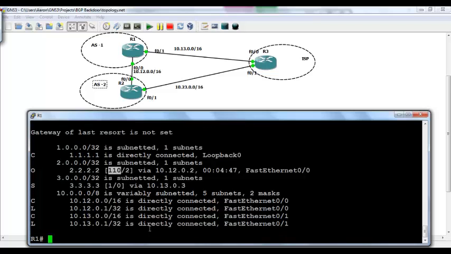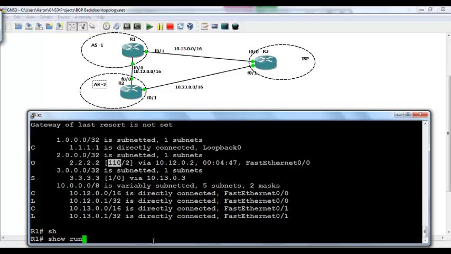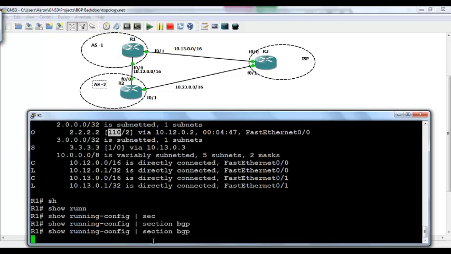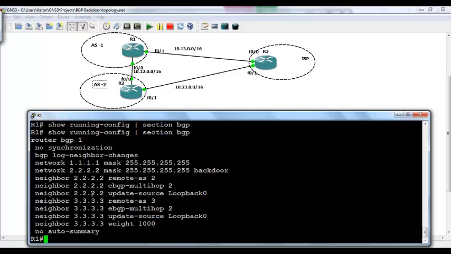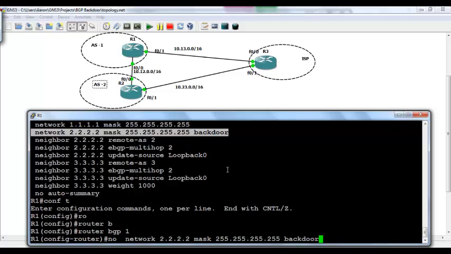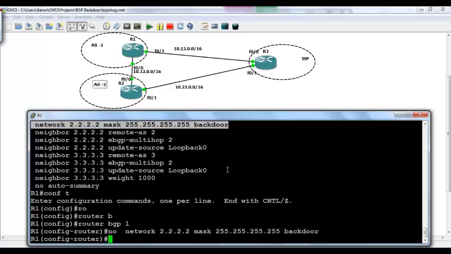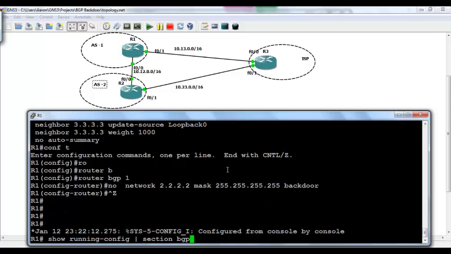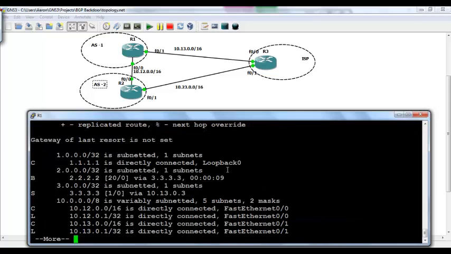I would like to show you that. Show run section BGP. You can see that for network 2.2.2.2, I have said backdoor. If I remove this, see what happens. Router BGP 1, I remove that backdoor command. Now show ip route.